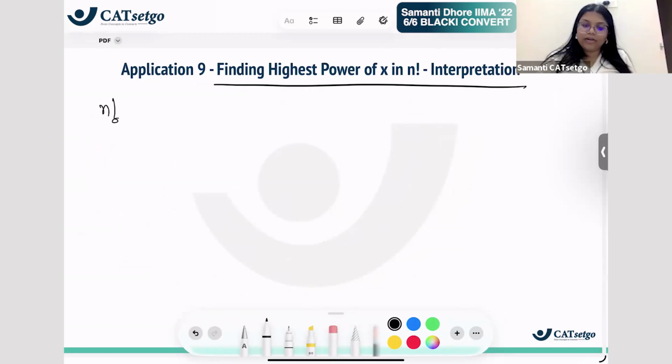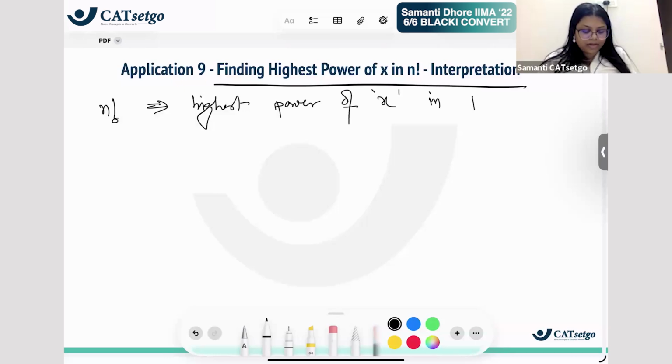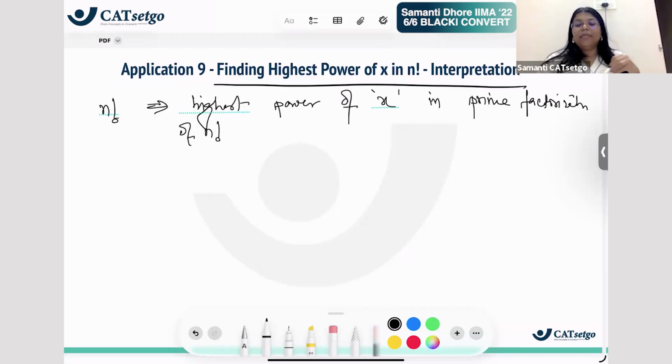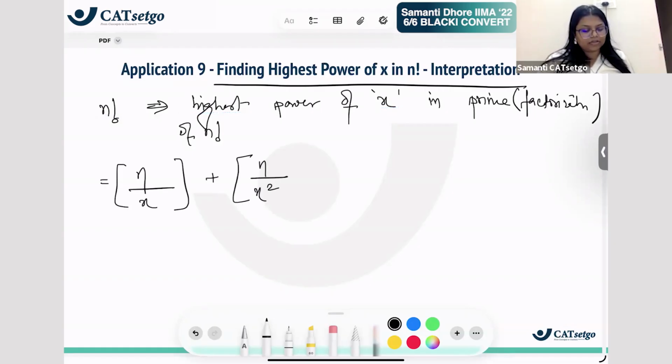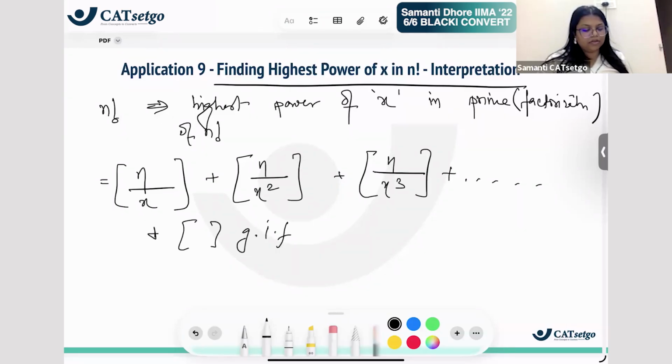If you're given n factorial, and you have to find the highest power of number x in the prime factorization of n factorial, then the power of x will be given as: divide the number n by x, then divide the same n by x square, then by x cube, and so on you keep doing, taking the greatest integer function each time. These are all greatest integer functions.